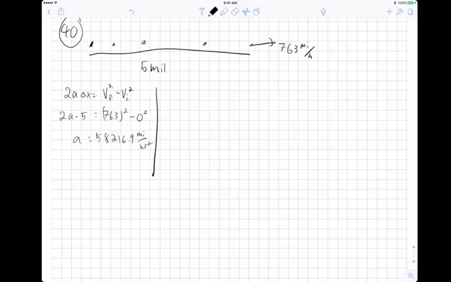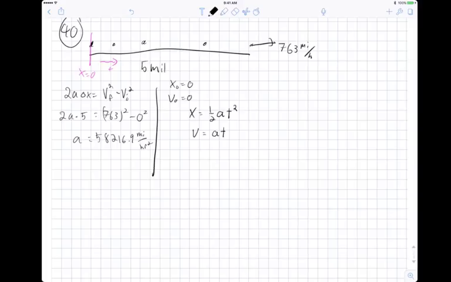Alternatively, we could do it the long way, the fun way, where you start by assigning coordinates. And that's in the positive direction, increasing. So let's go. X0 is 0. V0 is 0. So x is equal to 1/2 acceleration times the amount of time squared, and v is equal to 0 plus at.